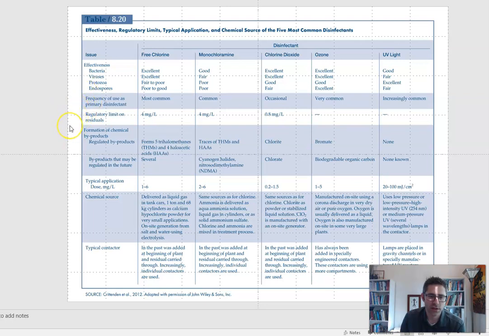This is all from the drinking water chapter. And then disinfection byproducts that are of concern.